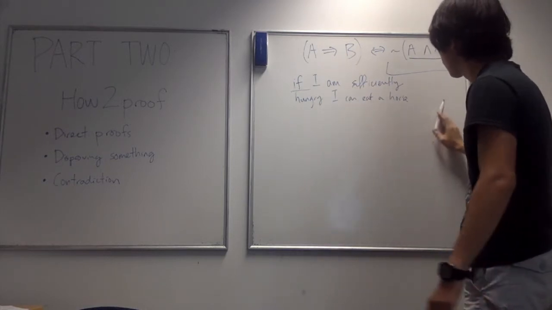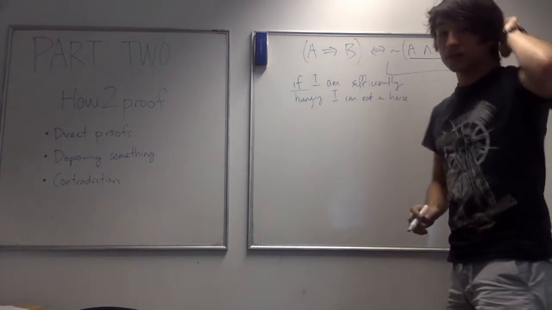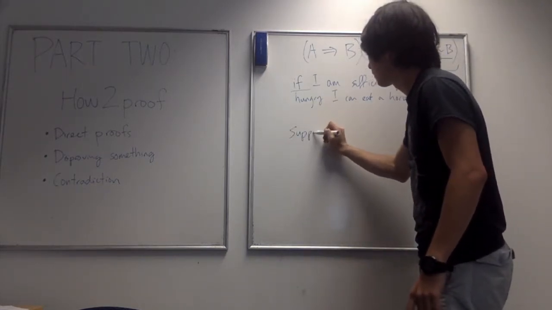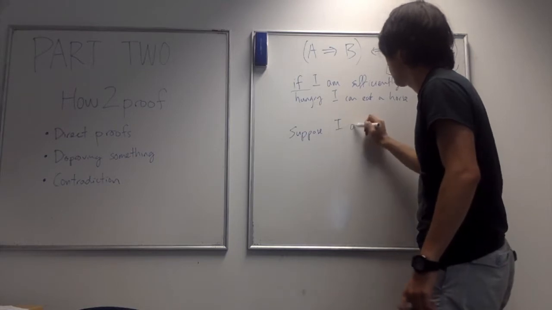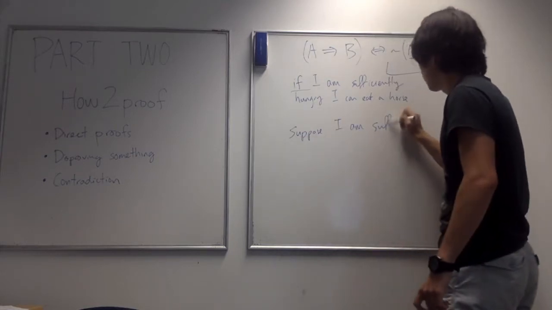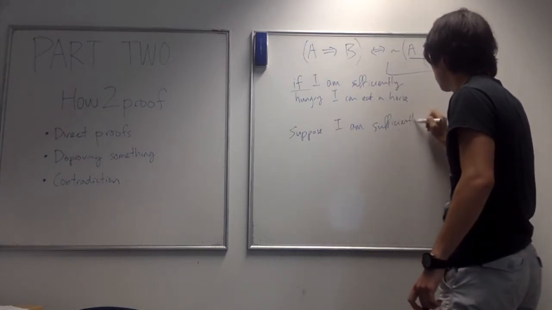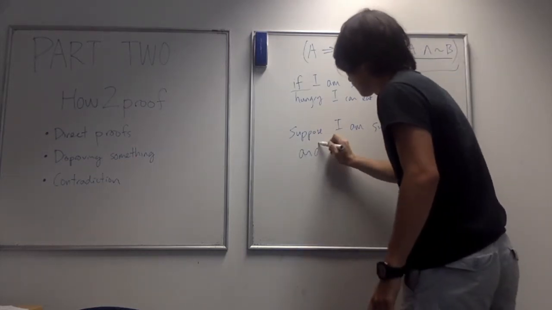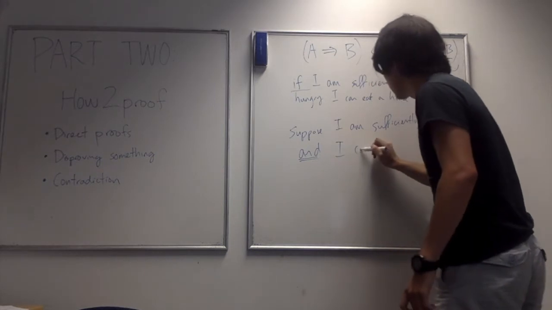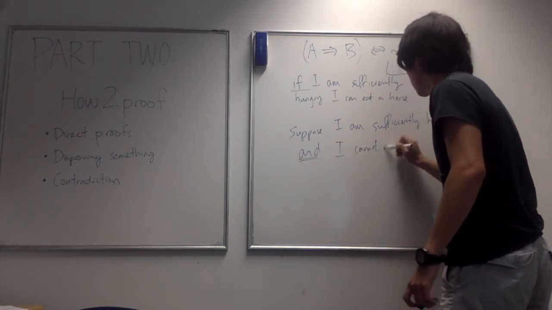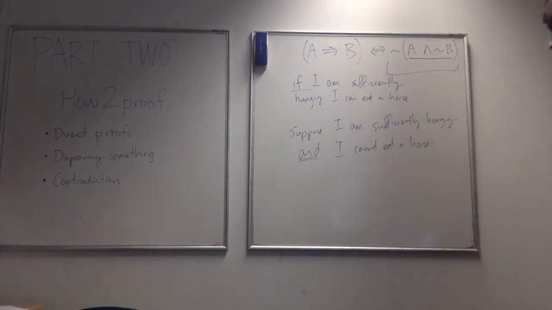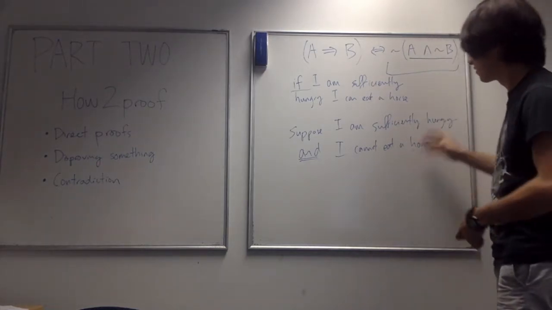This is B. So for a contradiction, you want to start with, okay, suppose I am sufficiently hungry and I cannot eat a horse. So this here is literally A and not B.